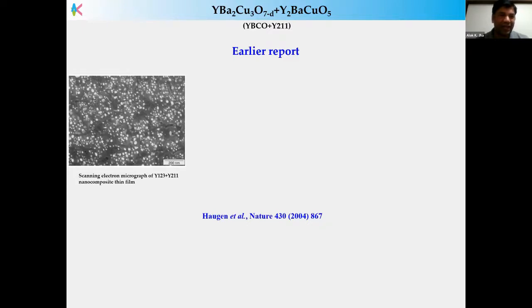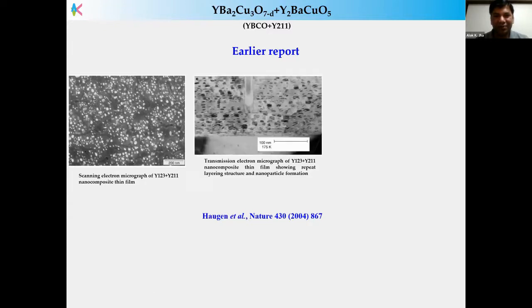In this scanning micrograph, you can see the appearance of large multiple particulates of Y211. And the TEM image shows that they grow in the form of large particles near the interface of the substrate and film, and then smaller nanoparticles in the other part of the film.